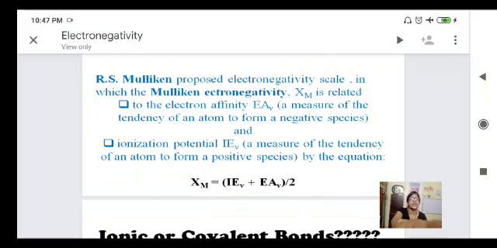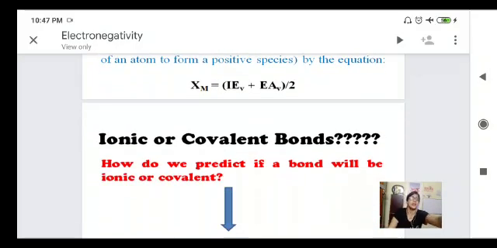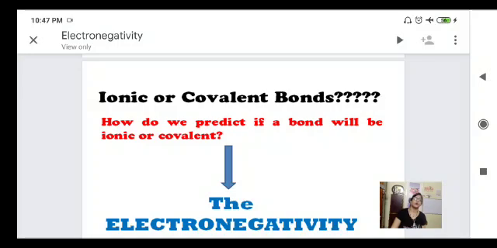The equation is Xm equals the sum of ionization energy and electron affinity divided by 2, that is, the average of ionization energy and electron affinity. So the Mulliken scale gives the average value of the ionization energy and electron affinity.